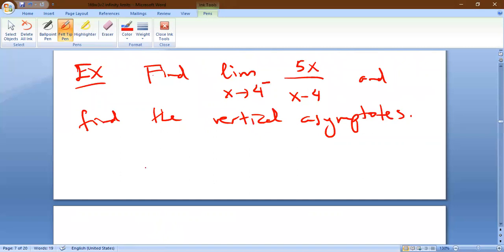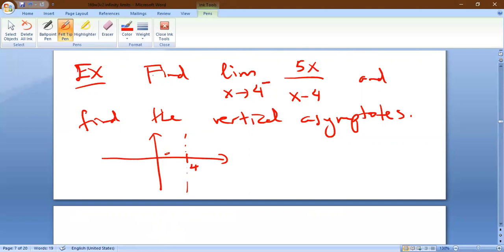So if you sketch the graph of this function around 4 at least, from the left, if you give values, you are going to get positively very large numbers.